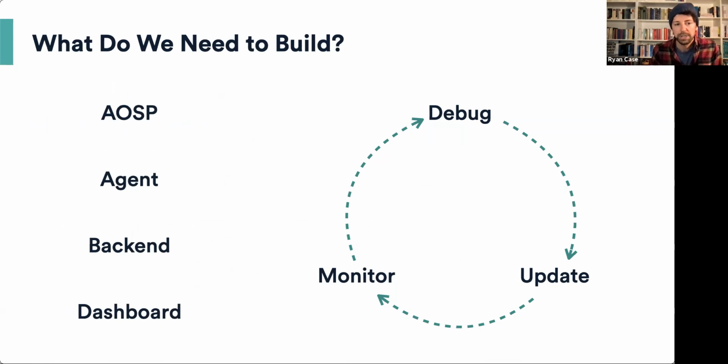Thinking about an agent that we will need to put on the device to exercise those APIs. By agent, I just mean some kind of on-device software. That could be an app or a system service or something like this. There's going to be the backend code. This is very broad, but we're talking about databases, processing, things like that. And then, of course, this wouldn't be an enterprise webinar if I didn't say the word dashboard. So we've got dashboards in there.